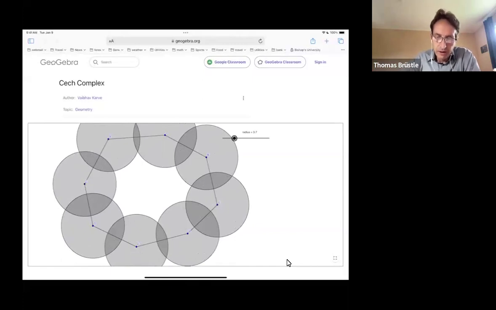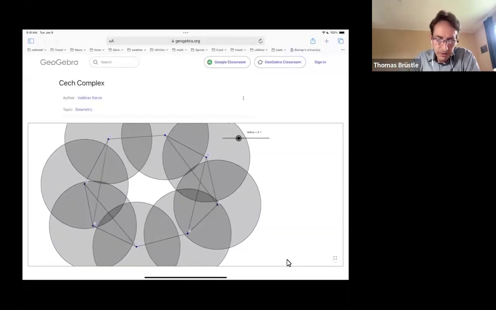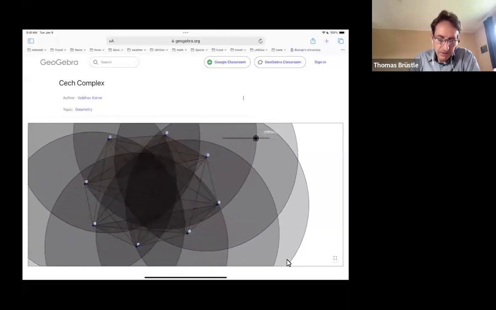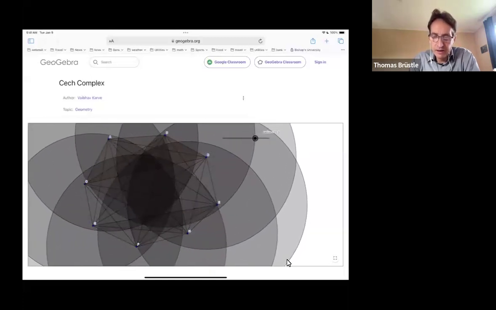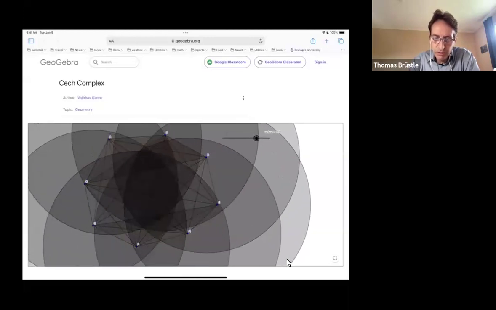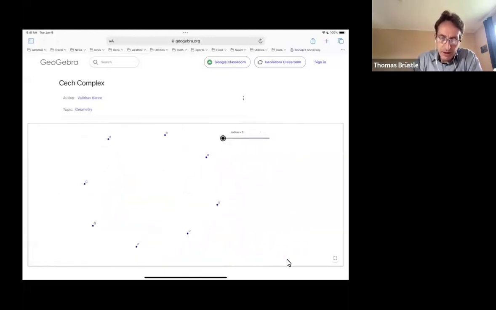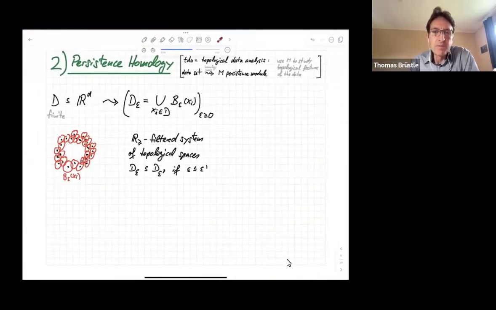And then we can continue increasing the radius until everything fills up and we don't see anything anymore. That's why we want to keep the parameter epsilon variable, because a priori we don't know which radius is the good one where we see topological features.